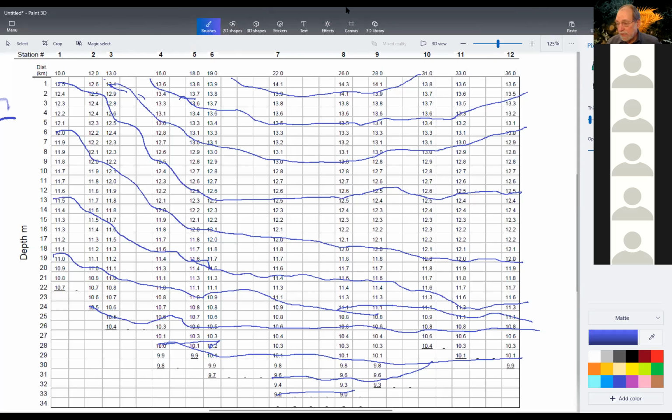Okay, so what do we see in this sheet? So that's how we're supposed to do the contouring. And then for the homework, we were meant to answer some questions.